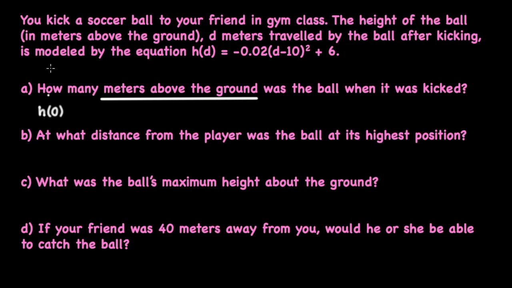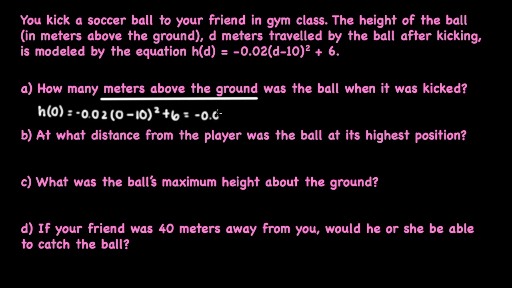So that would be h of 0 is equal to negative 0.02 times 0 minus 10 squared plus 6. Now, 0 minus 10 is negative 10, and negative 10 squared is 100.